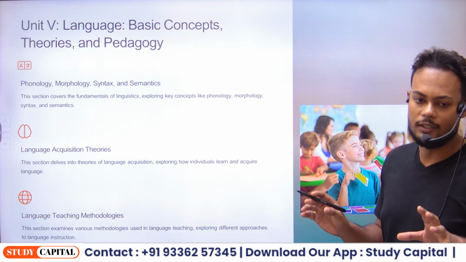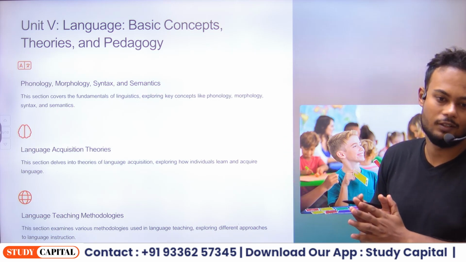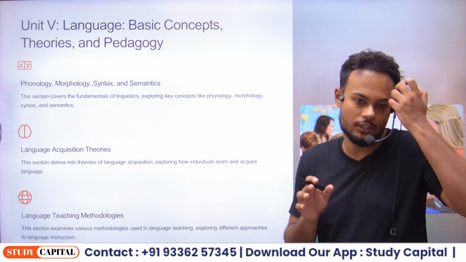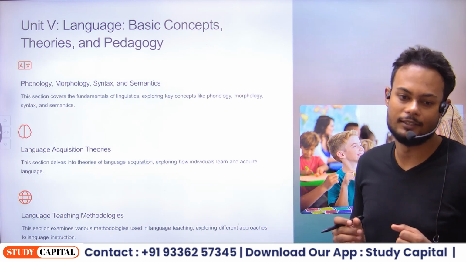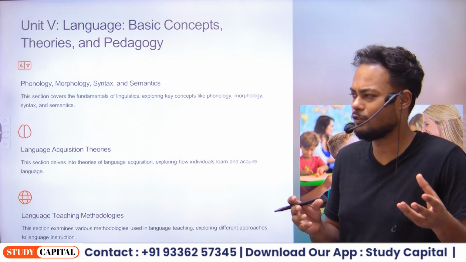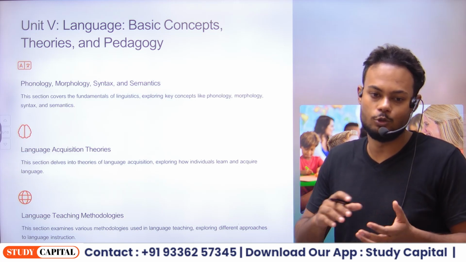So basically this is a very overlooked unit. Most people don't pay attention to these units, especially students who study by themselves from, let's say, literary history books like Routledge, and do Wikipedia searches.